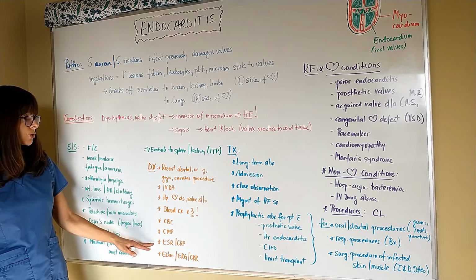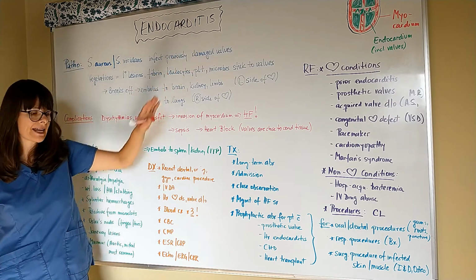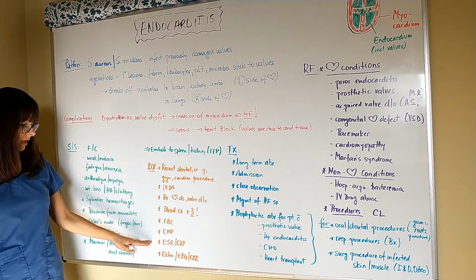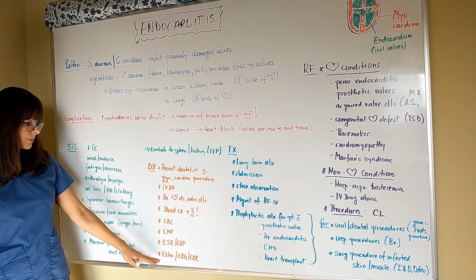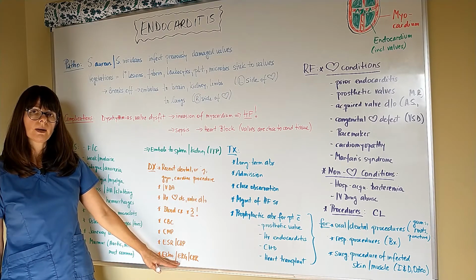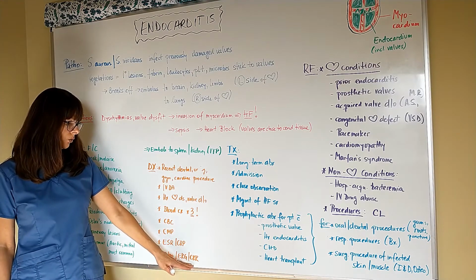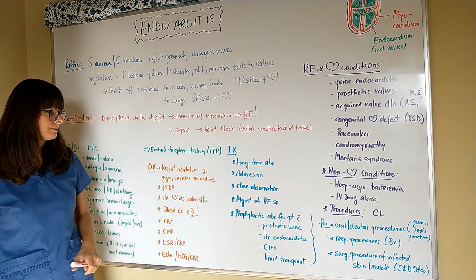Then inflammatory markers, because we're dealing with an itis here, so we want to check ESR and CRP, as well as check the heart, look at the valves with an echocardiogram, see if the conduction system has been affected by checking an EKG, and then look at a chest x-ray, seeing if it's leading to heart failure.